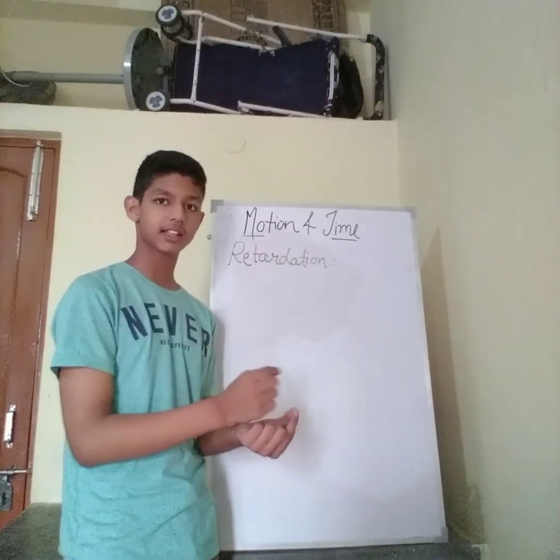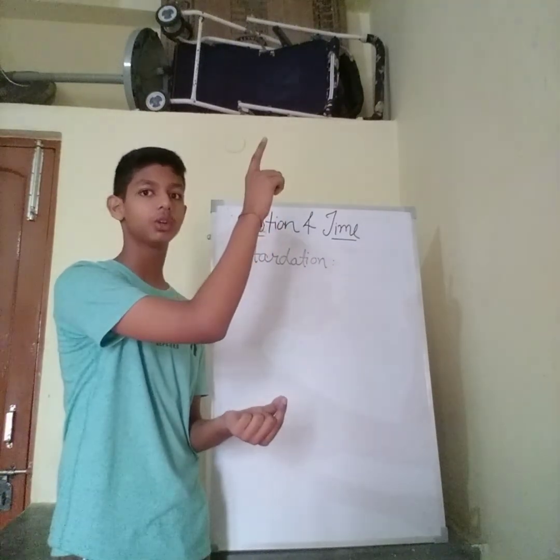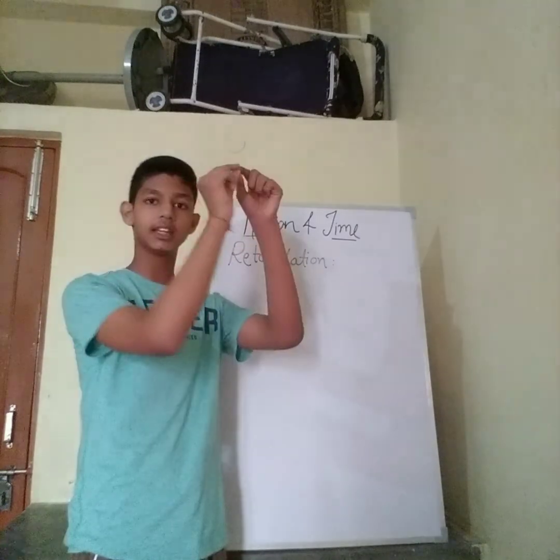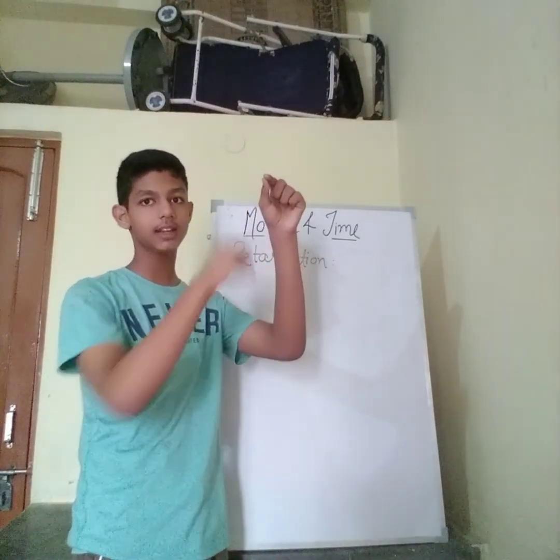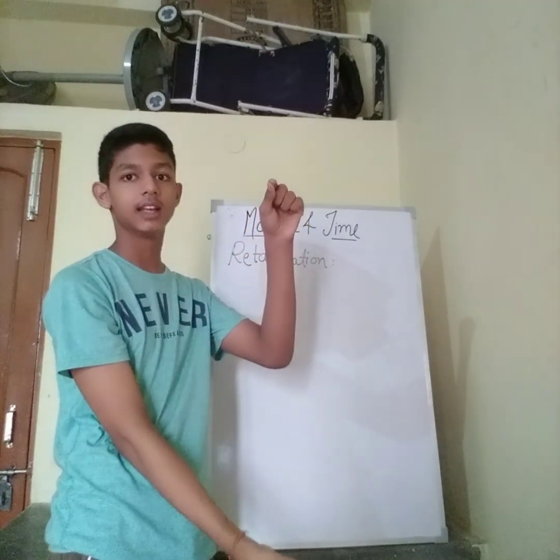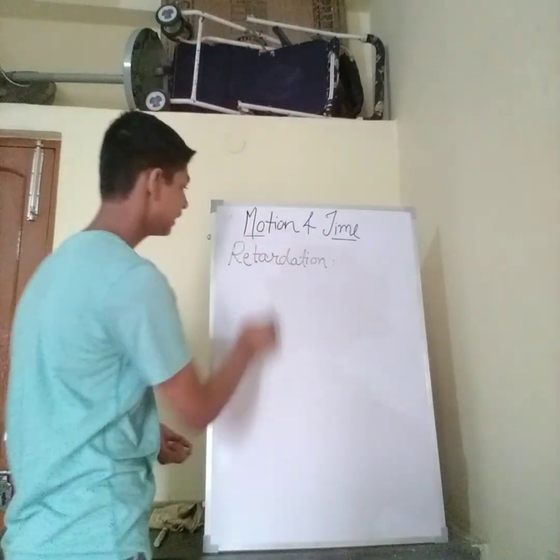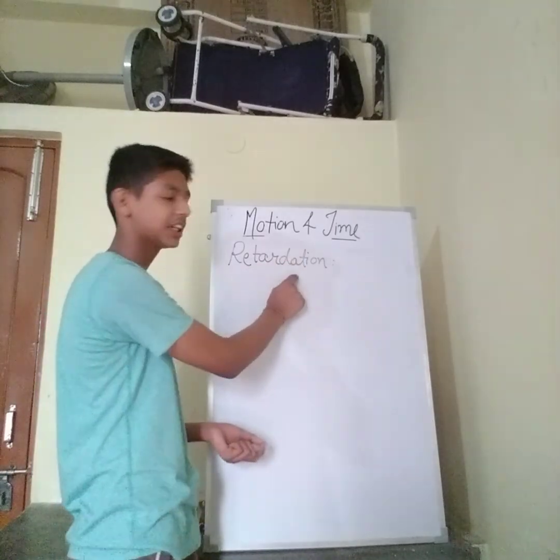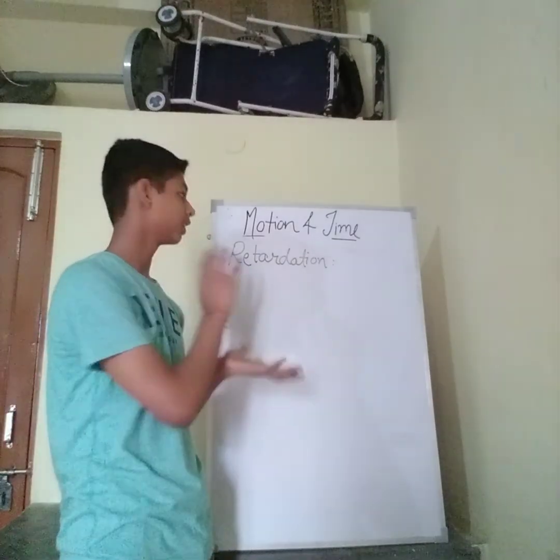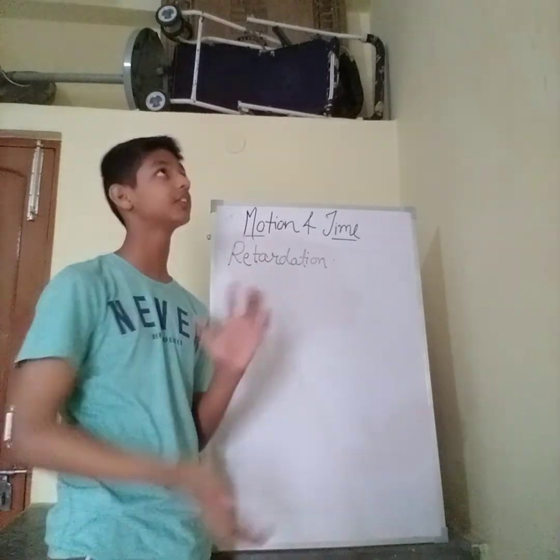Its initial velocity was something, and it becomes 0 when it reaches the top position, and then it starts coming down. Then its velocity gradually increases, and in the first case velocity decreased to 0. So the first case is the case of retardation and the second is the case of acceleration. Retardation means the decreasing change of velocity, like the first case of throwing a ball.